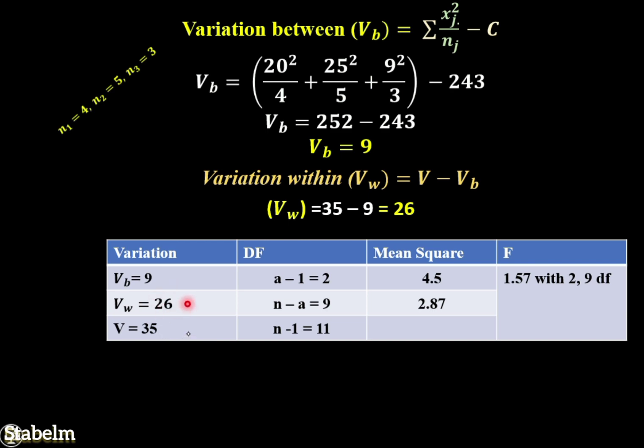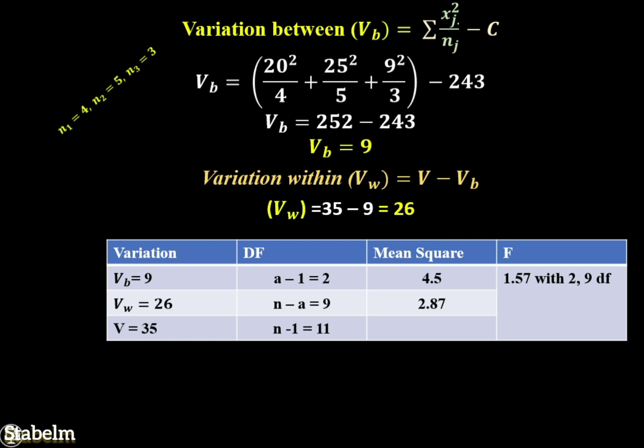The second row, we have 26 divided by 9 gives us 2.87. So 4.5 is the mean square for variation between treatment, and 2.87 is the mean square for variation within treatment, otherwise called mean square error, and this one is also otherwise called mean square regression.